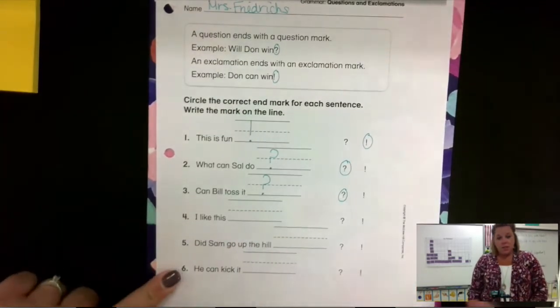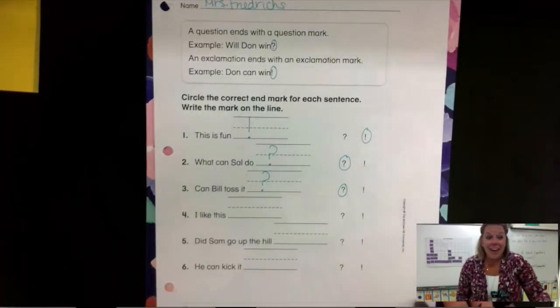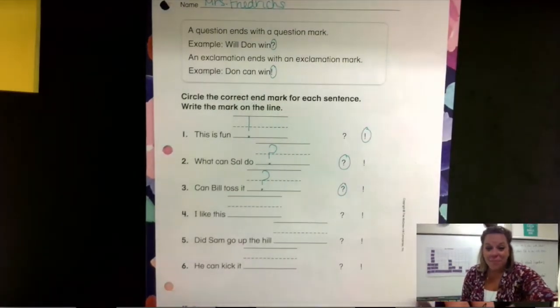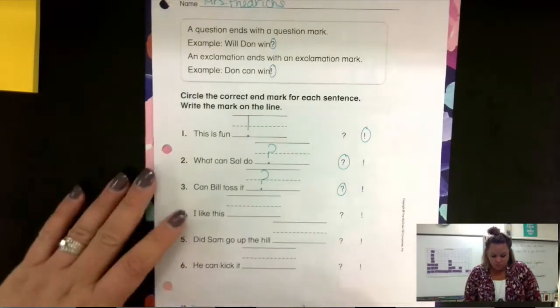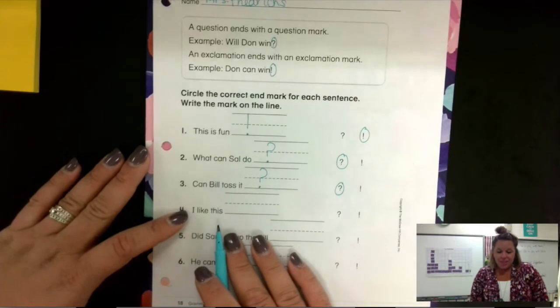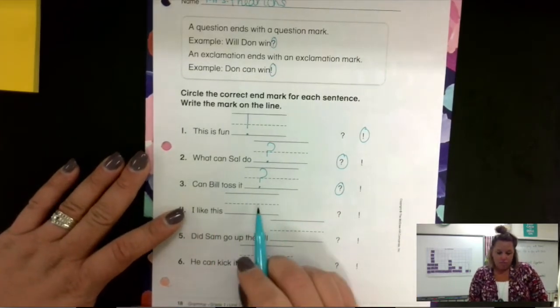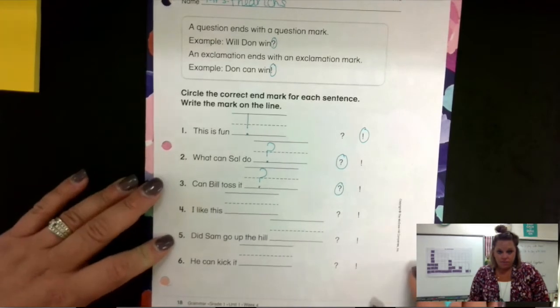Now, these last 3, I'm going to read them for you, and you need to put your answers down, okay? So here we go. I like this. Circle the correct mark and put it on your line.